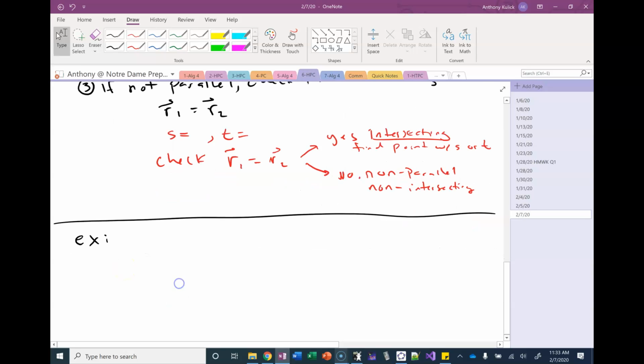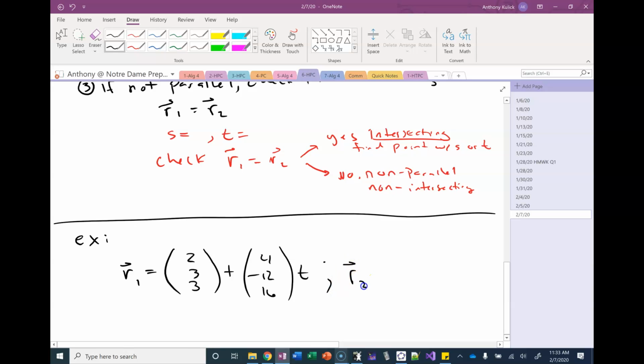So let's look at an example here. We'll do a couple. And again, if things get going too fast or you're having trouble keeping up, keep in mind that we are recording this, and you can always come back and watch this again, because I know that this is not easy necessarily the first time through.